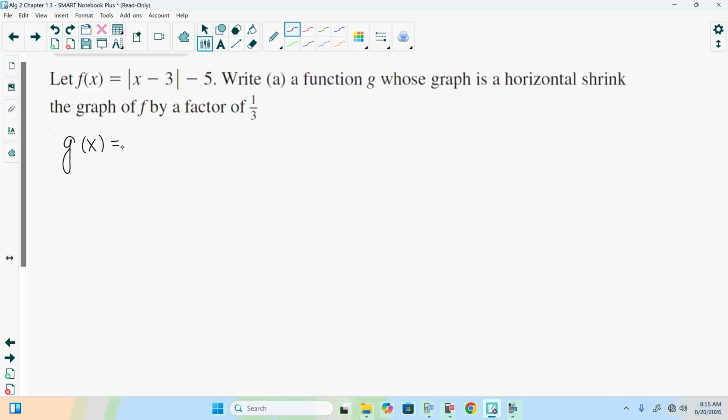It is our f of ax. Because that's the general form we have, f of ax, yes? And it told us that we are shrinking the graph by a factor of 1/3, yes?